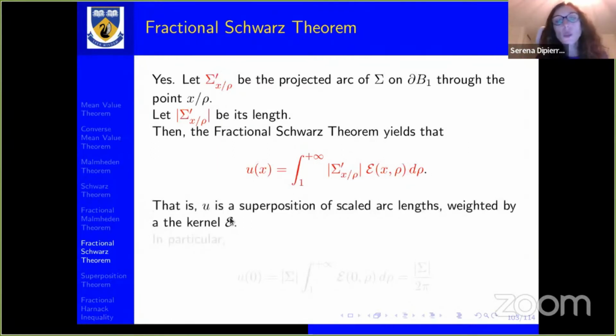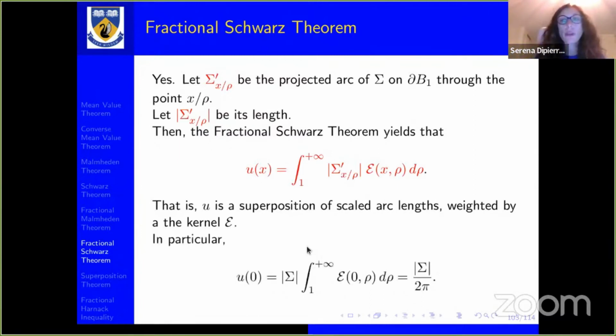And that is, u is a superposition of scaled arc lengths weighted by the kernel, because here rho is moving from 1 to plus infinity, so x over rho is moving here. And every time that I change rho, I have to take the new conjugated arc, and u of x will be given by the superposition of these arcs.